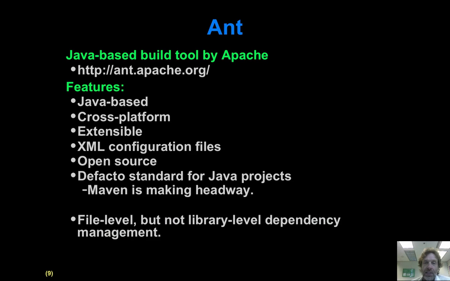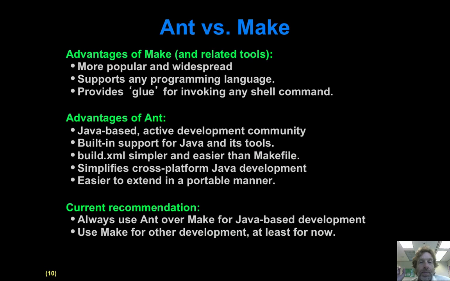Okay, so Ant versus Make. Basically, it comes down to Make is still more popular, supports any programming language, operates within a shell environment, and basically anything you can do in a shell is easy to transfer into a Make environment. Ant has a lot of specialized capabilities for doing Java development.